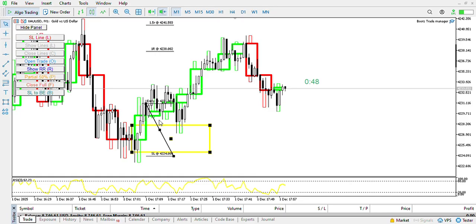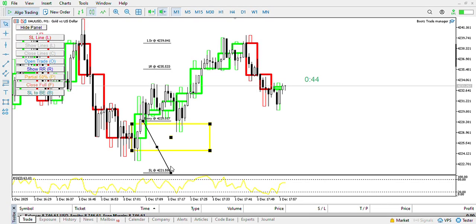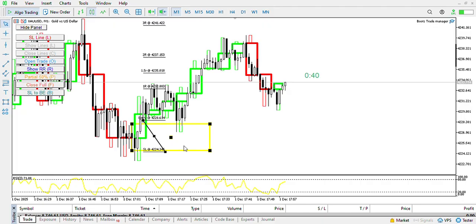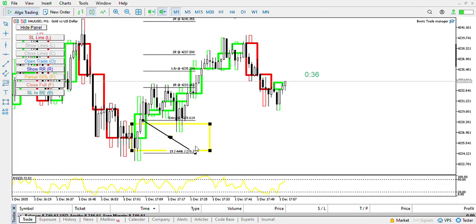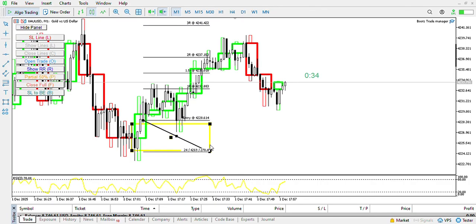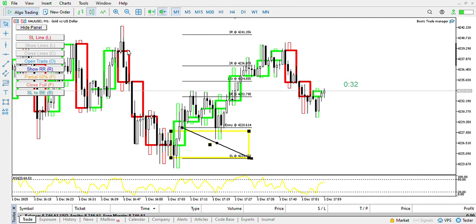On the other hand, if I enter here and put my stop loss just one pip below this support, now my RR becomes achievable. If price taps this high after forming a low, I'm easily getting 2R.